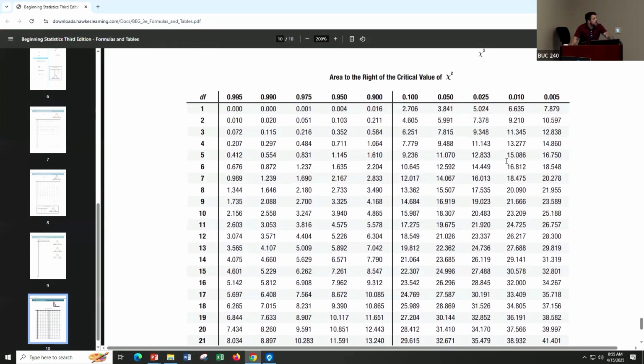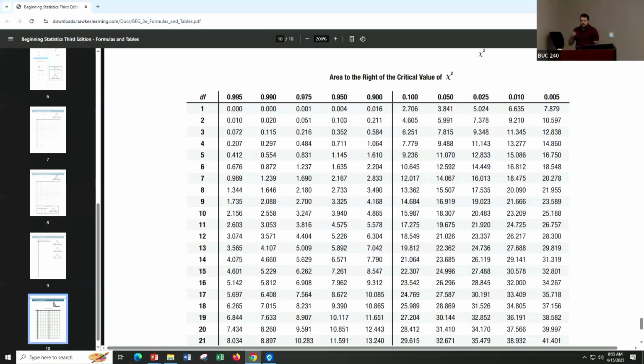I'm looking for a chi-squared alpha over 2 of 0.025. If you look at the very top, at the area, almost at the end it has 0.025. When you go down to 14, you should be seeing 26.119. That's the number you're looking for.